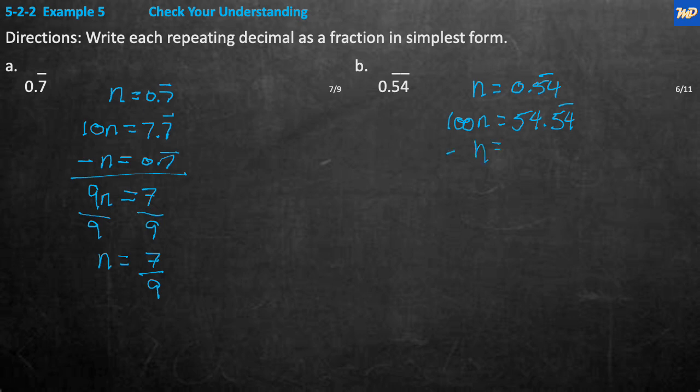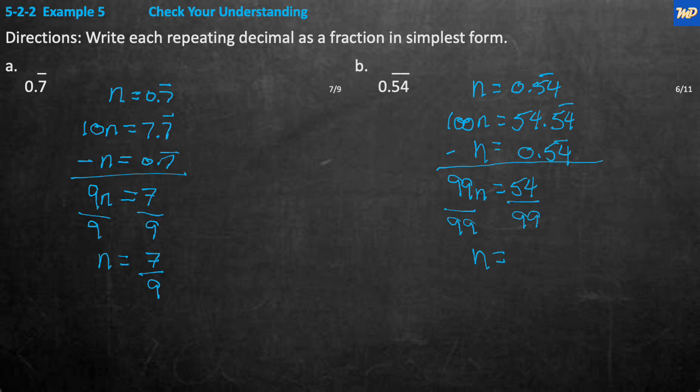So we can subtract the n from the 100n. If we subtract n minus 0.54 repeating, here's the subtraction, we get 99n is equal to 54. Okay? And then if we divide both sides by 99, we get n is equal to what? Well, what goes into 54?